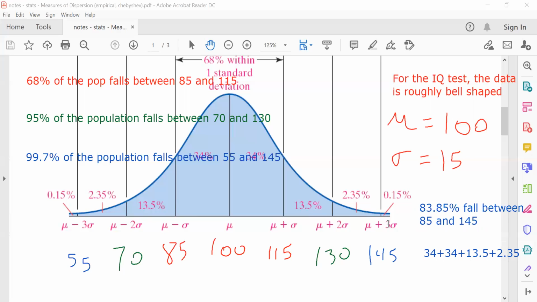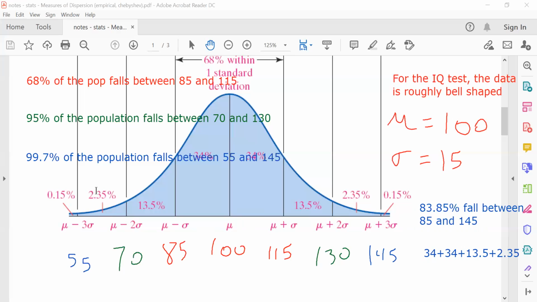What percent of the population has an IQ above 145? About 0.15%. That's the amount of the sliver that's to the right of 145. What percent of the population has an IQ that falls below 55? Also 0.15%, because of the symmetry of this bell curve.